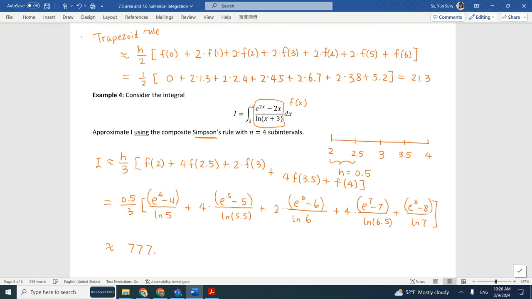I got 777.9799946. Yeah, that's close to what I got. So you figured out that I did ln 4 instead of ln 5. Oh, you get the same number. Okay. So everybody practice using your calculator.